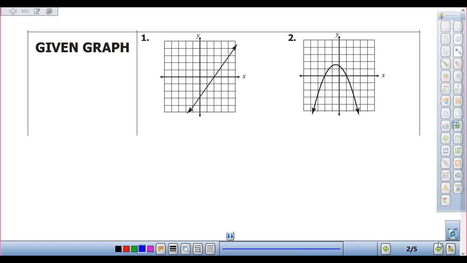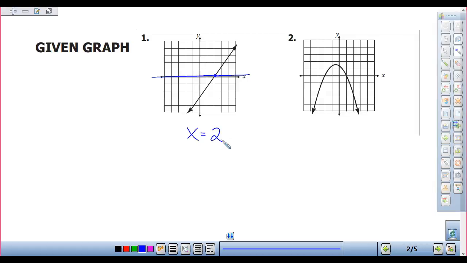Okay, so first of all, which is my x-intercept? The line that goes across or the line that goes up and down? Across. So where does my graph cross that line? At 2. Okay, but what is it equal to? x equals 2. Okay, so your solution is going to be written as x equals 2.